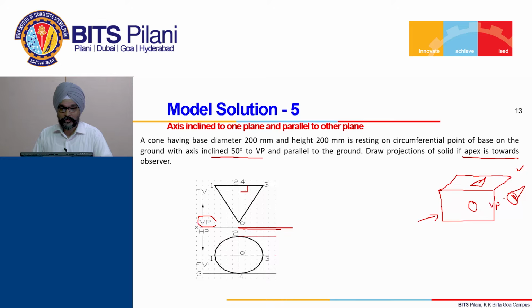The object is in third quadrant. So in that case, if the apex is away from the observer, then the cone will appear as upright.